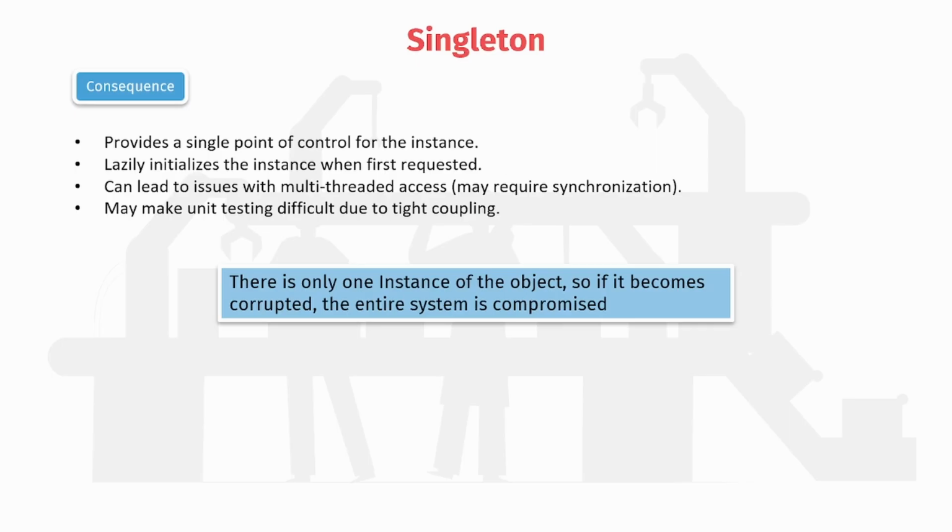It can also lead to issues with multi-threaded access. If a single instance is requested by multiple threads, there will be issues, sort of performance hits for your application. For those things you will need to implement synchronization and things like that to access this created instance. Otherwise there won't be an issue.